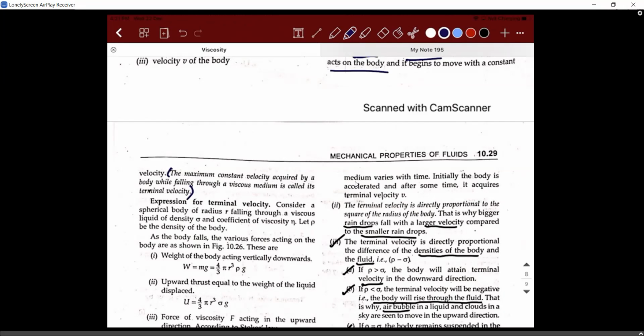After increasing to a maximum value, what would have happened? This velocity would have come into picture. So the definition of terminal velocity should start with the words, the maximum velocity. Look at the definition: the maximum velocity acquired by an object while falling through a viscous medium is what we call terminal velocity.